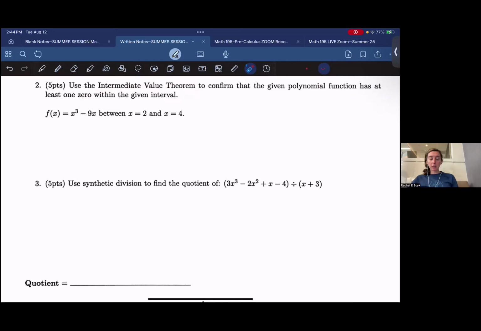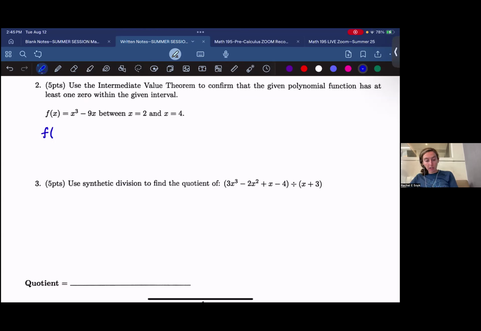And so the intermediate value theorem essentially says that if between these two different x values, at one it falls below the x-axis and at the other it falls above, then by definition of intermediate value theorem and continuous functions, our function has to intercept that x-axis in order to get above, or opposite. Maybe it starts above the x-axis and then goes below. It has to cross over and give us at least 1 zero.